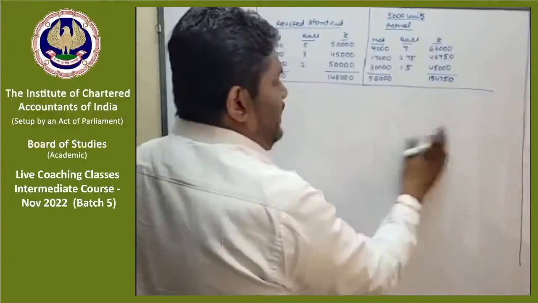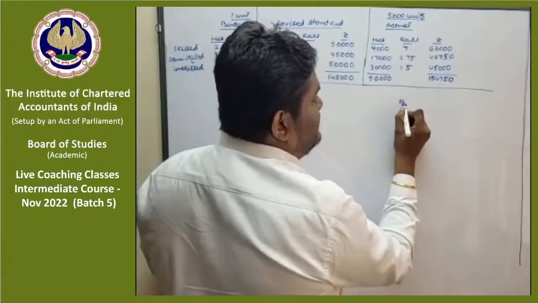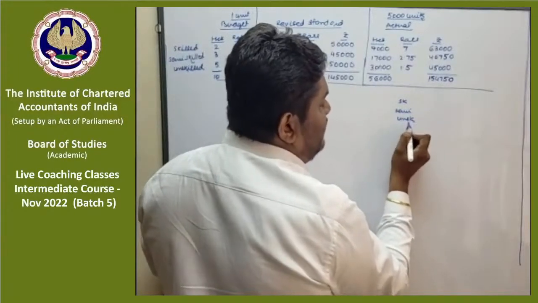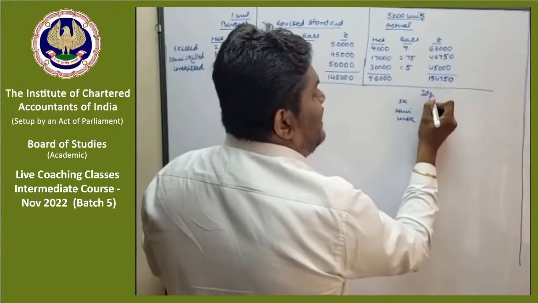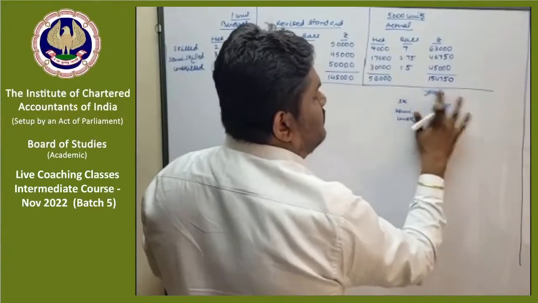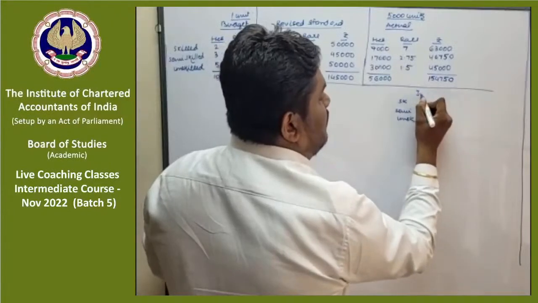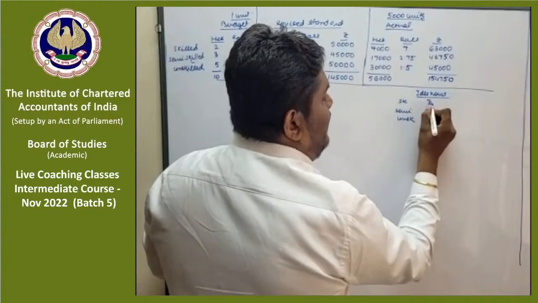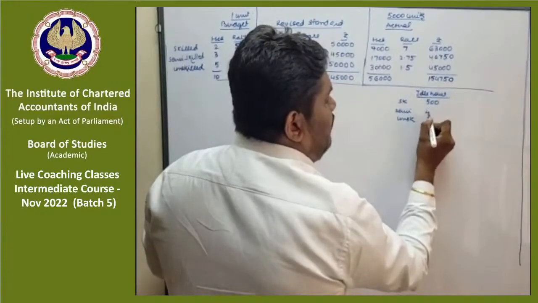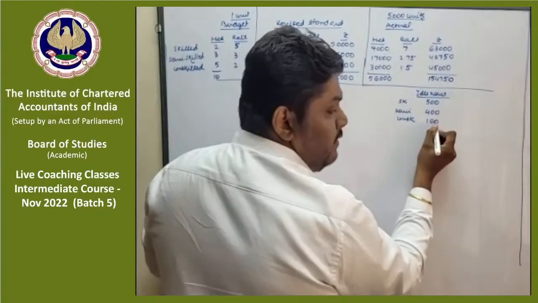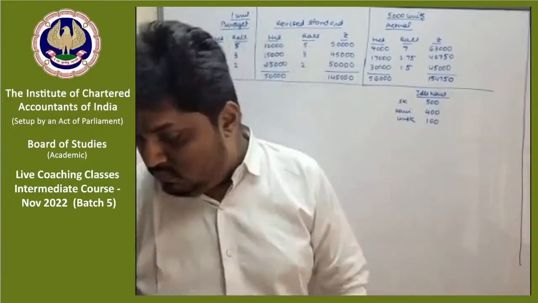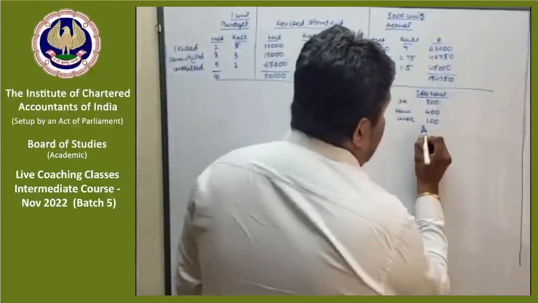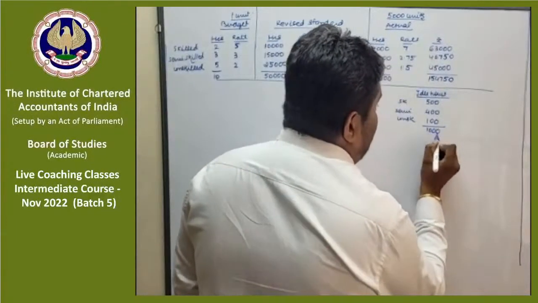Let's say 3 workers are working: skilled, semi-skilled and unskilled. Idle hours are given in the question. Let's say 500, 400 and 100. Total is 1,000 idle hours.